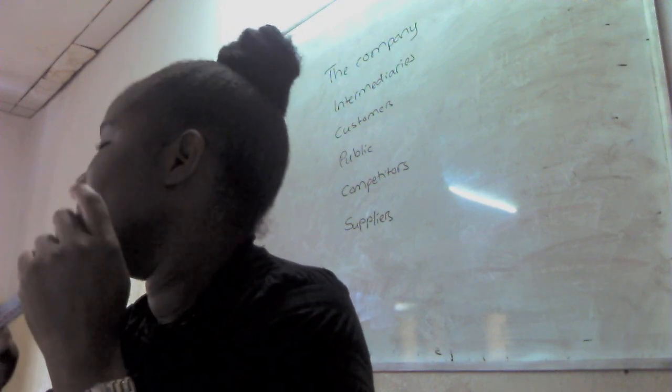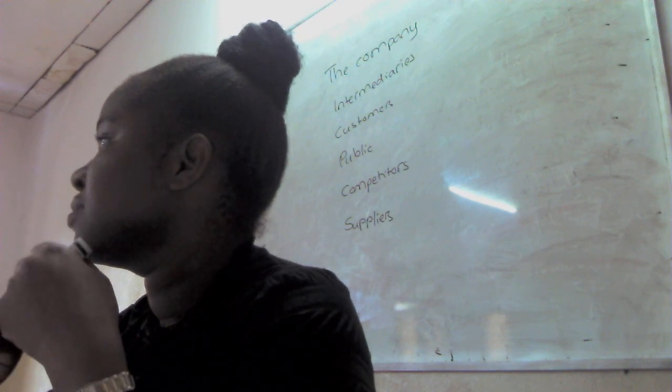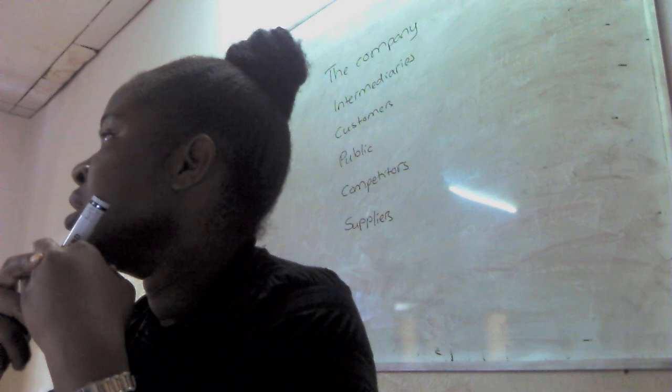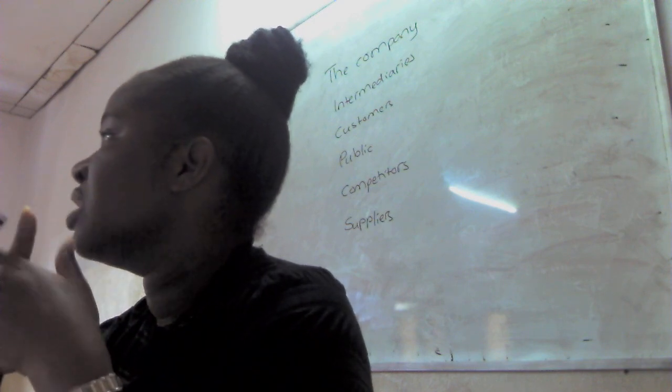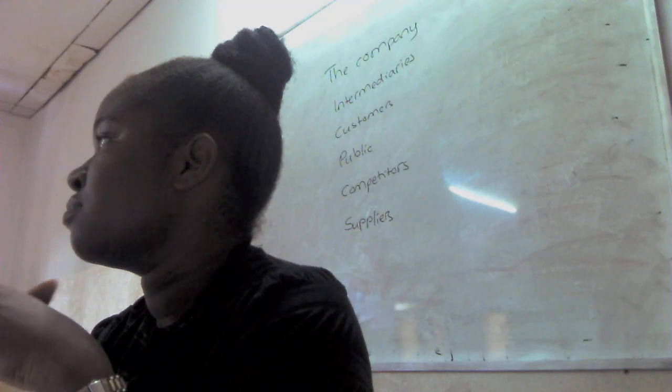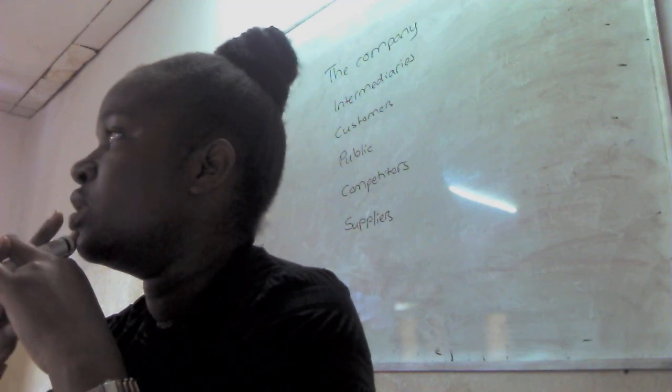Or suppliers may just go out of business and your business has to shut down because you don't have a supplier. So when you're doing a business, you need to make sure that that industry has enough suppliers. Any questions?